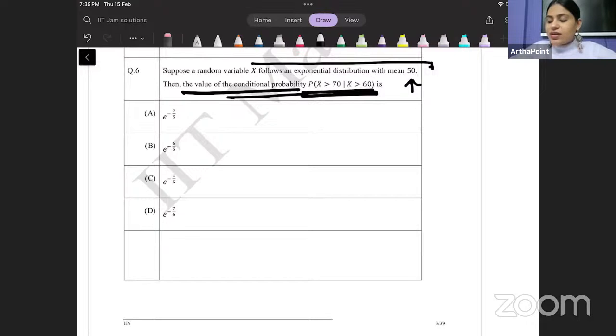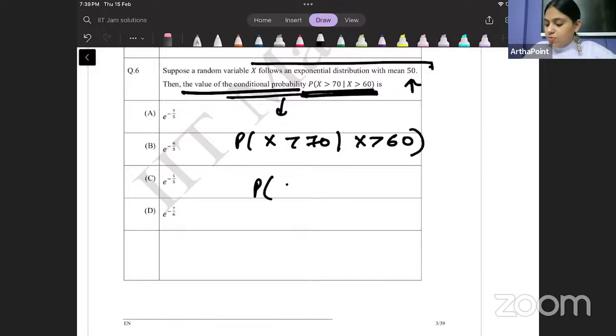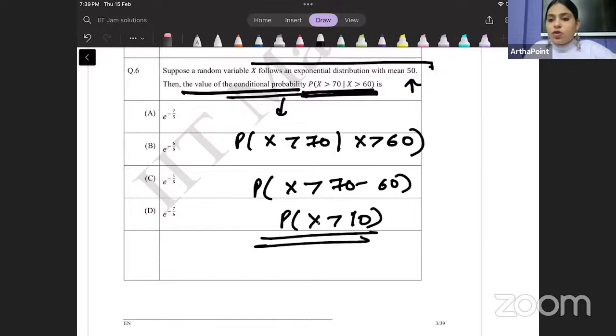And I told you that if any question comes from exponential, it will be based on the memoryless property of exponential distribution. So probability X greater than 70 given X greater than 60, we can simply apply the memoryless property of exponential distribution here, right? So just apply that and it will be probability X greater than 70 minus 60, probability X greater than 10. We know the formula of exponential distribution, just plug that in and get the answer.